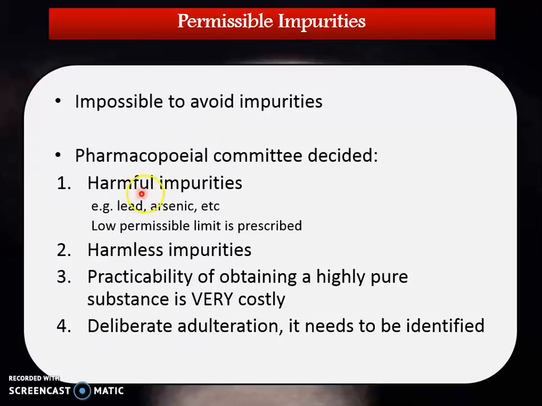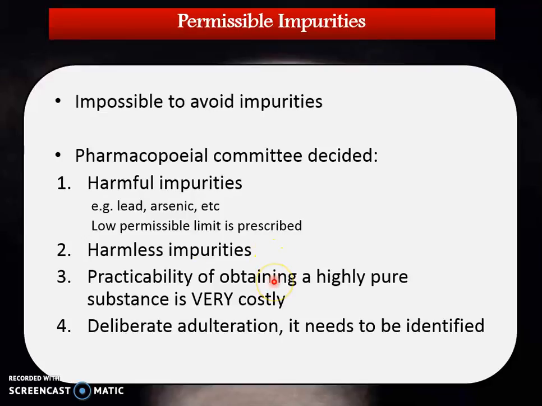For harmful impurities, we allow them, but at a very low permissible limit, meaning the amount must be really low. For harmless impurities, there are different factors to consider when you want to set the limit.